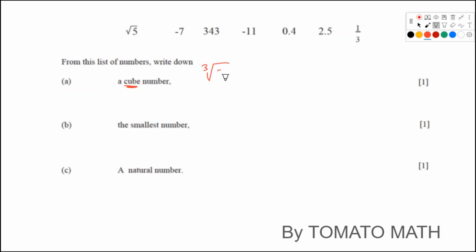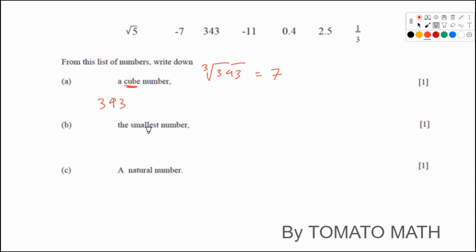So I inputted 343, we get 7. So 343 is a cube number. Now you can input all of these values and you will not get a perfect number. Okay, so 343 is a cube number.